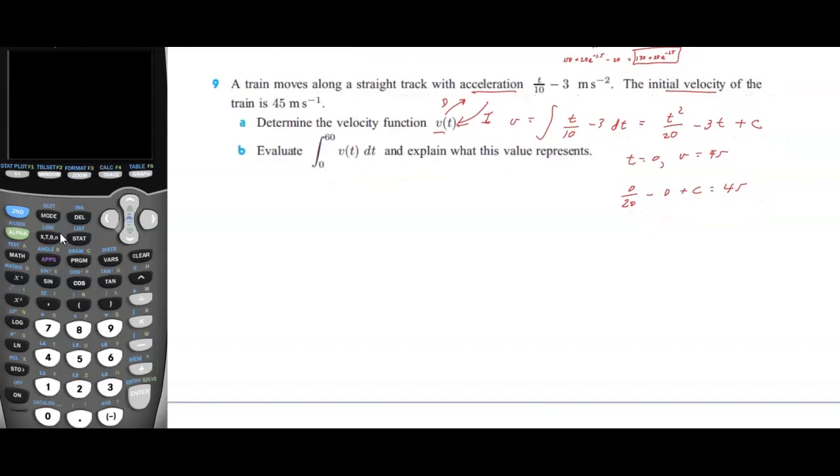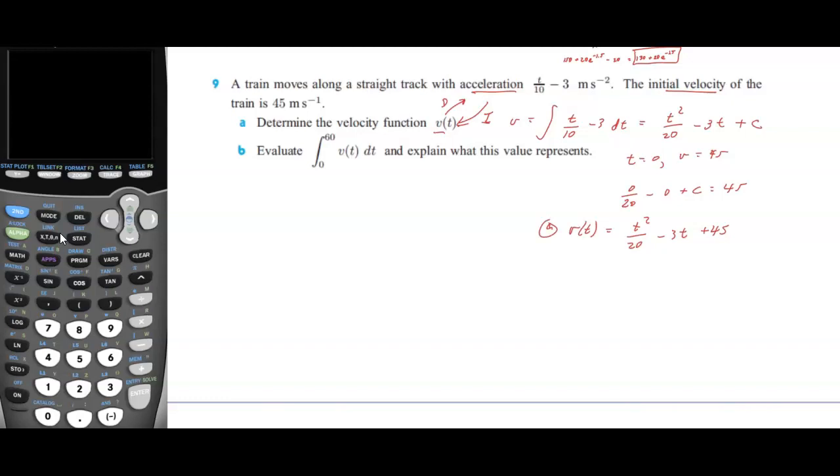So we're going to put t equals 0 and v equals 45. So we're going to get 0 squared over 20 minus 0 plus c equals 45. So it turns out c is 45. Let's rewrite our velocity function one last time. The velocity function is t squared over 20 minus 3t plus 45. There is my velocity function, which is the answer to part A.